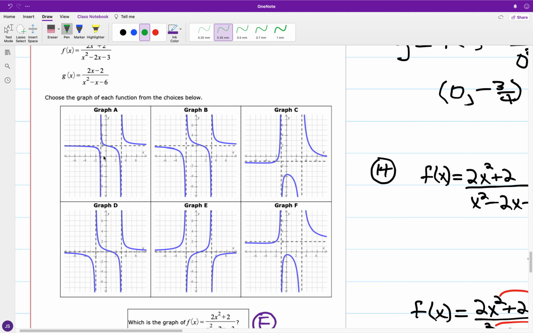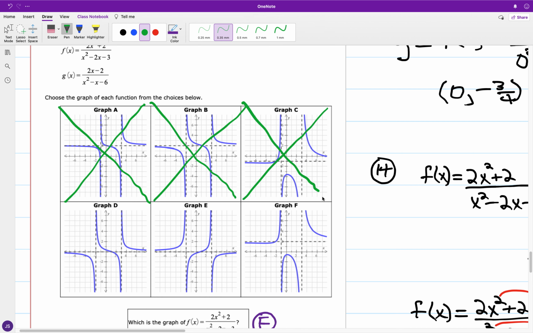So you have -2, 3, but we don't have the right horizontal asymptote for graph A. We got -2, 3, but the wrong horizontal asymptote. C also strikes out. D, we have -2, 3, and we got the right horizontal asymptote.